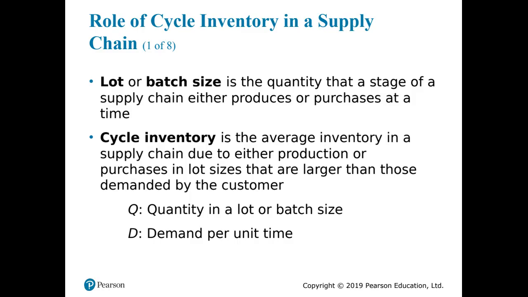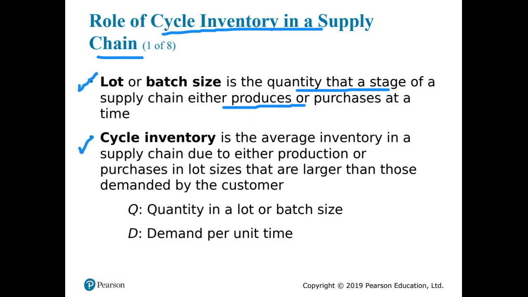Okay, so first of all, we need to understand the role of cycle inventory in a supply chain. And for that, we have to understand what is lot or batch size. Basically, a lot or batch size is the quantity that a stage of a supply chain either produces or purchases at a time. What is cycle inventory?